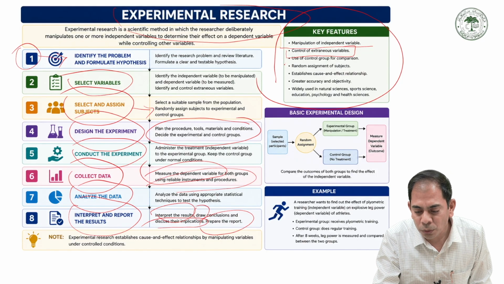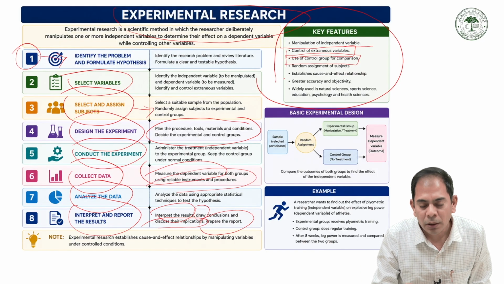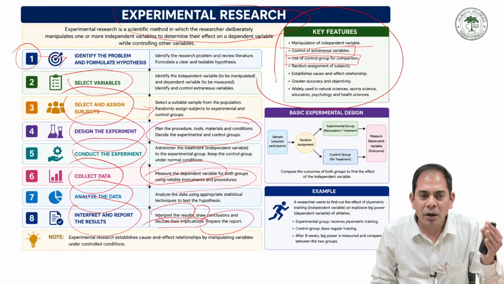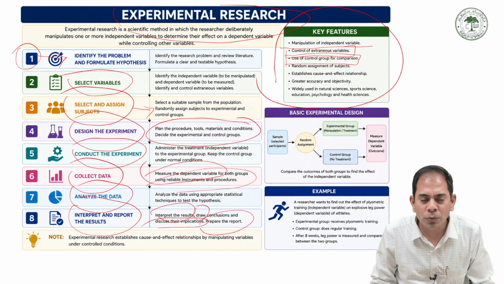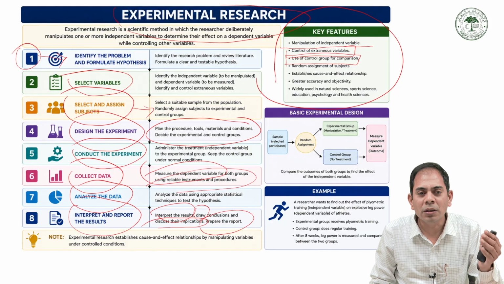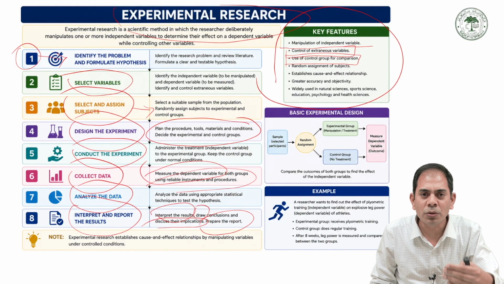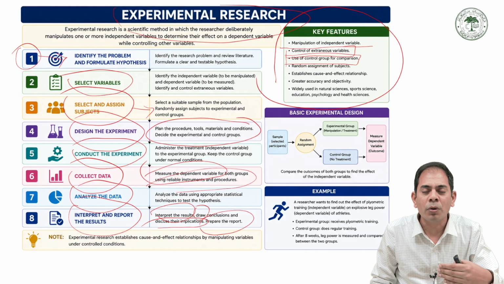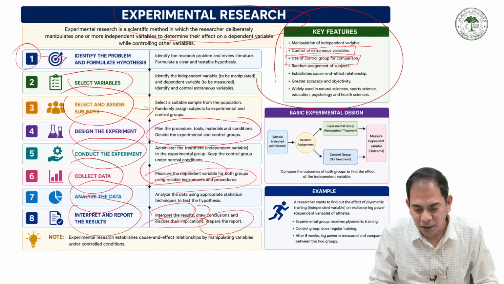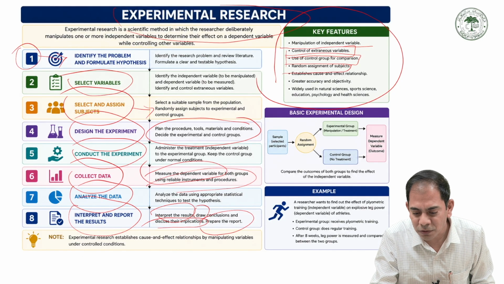Another feature is the use of a control group for comparison. We should take a parallel group, this is the control group, to find out whether the changes found in your research are based on your protocol or not. This is a very important factor. Next is random assignment of subjects.